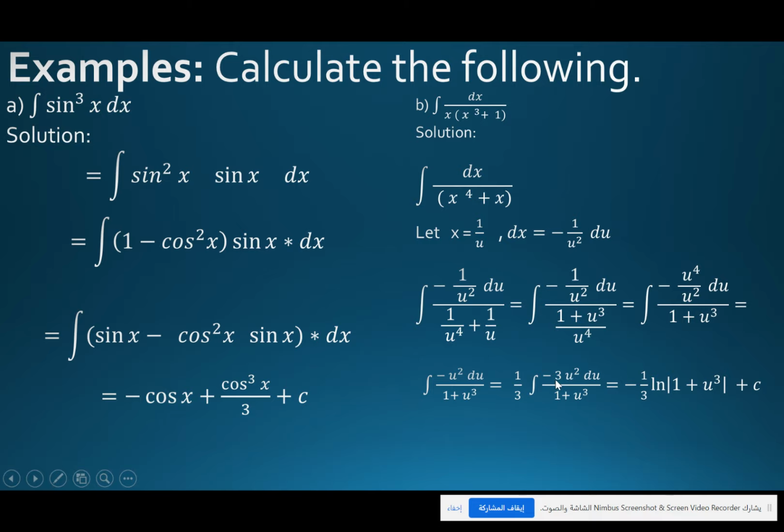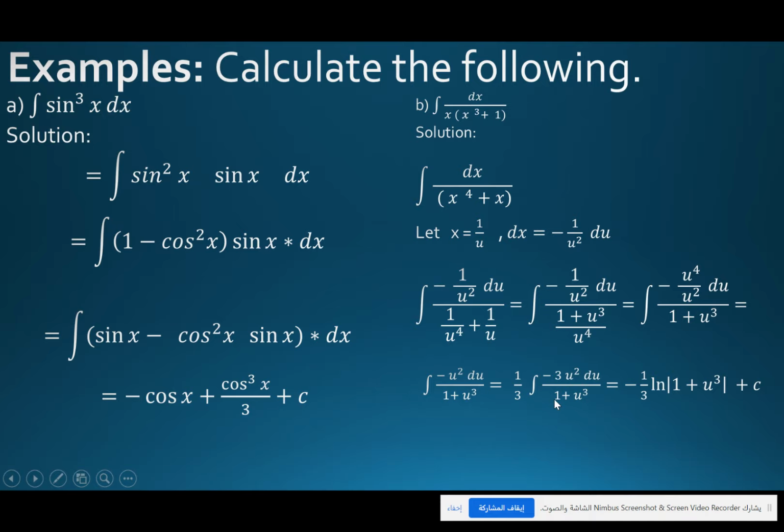If you multiply by 3 and divide, it makes sense. So now you have completely the numerator as the derivative of the denominator. And this negative, you can take it outside. We don't want it. So here 3u squared is completely the derivative of the denominator.